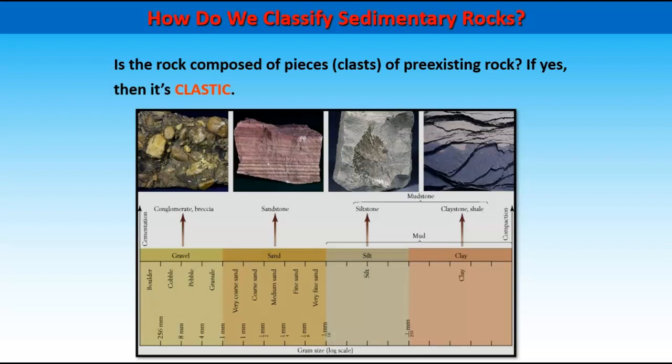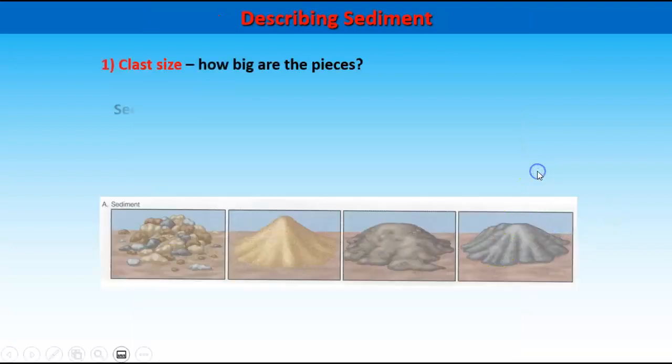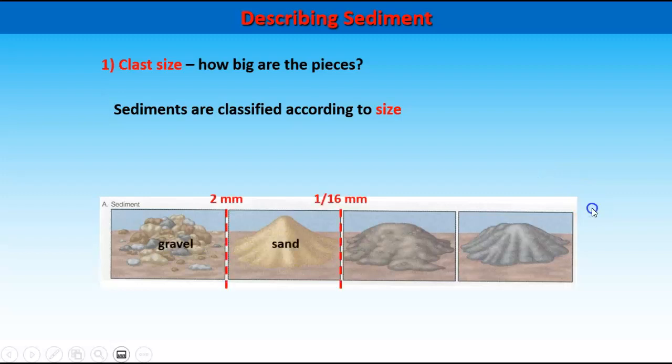And so there's two different ways to identify those. For the clastic, we want to know how big the pieces are in general. And so for us, we're going to use kind of this designation. So we're just going to say they're either gravel size if they're bigger than 2 millimeters, they're sand size if they're between 2 millimeters and 1/16, and they're mud size if they're any smaller than that.